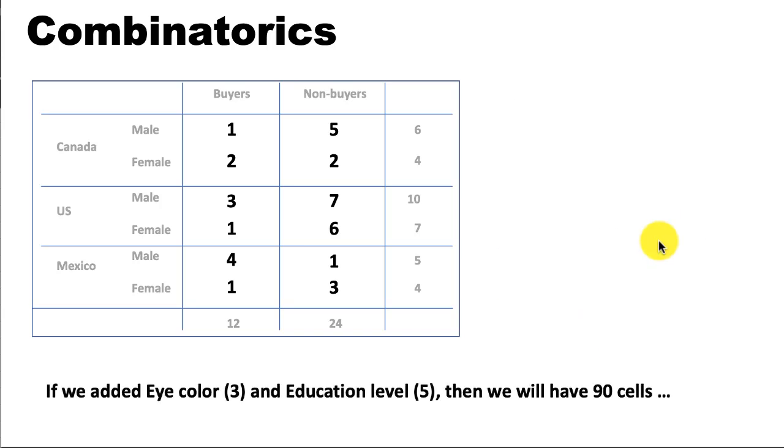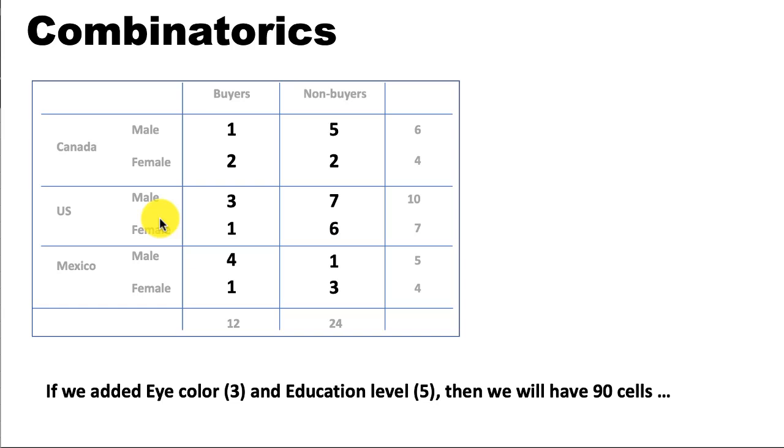Okay, so now suppose we added eye color, and there are 3 possible values of eye color. And let's say we add also education level, for which there are 5 possible levels. So then we've got 3 countries times 2 genders, 6, times 3 eye colors, 18, times 5 education levels, for a total of 90 different combinations.